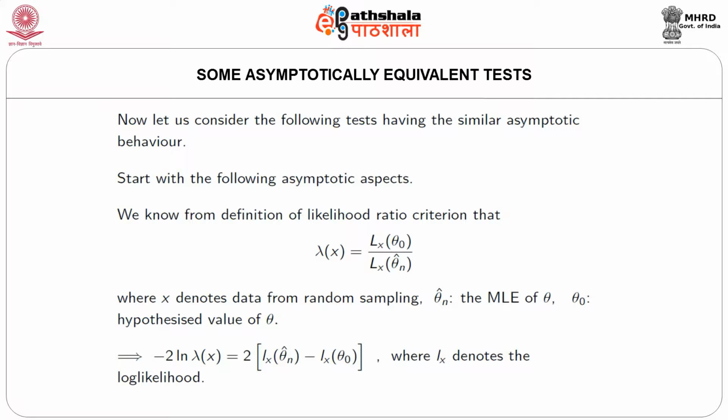So this means minus twice log of lambda x is equal to twice small lx at theta n hat minus small lx at theta naught, where small lx denotes the log likelihood.